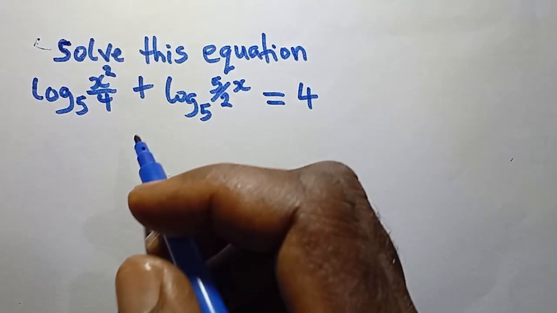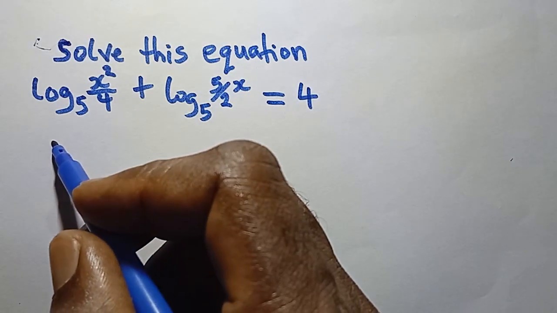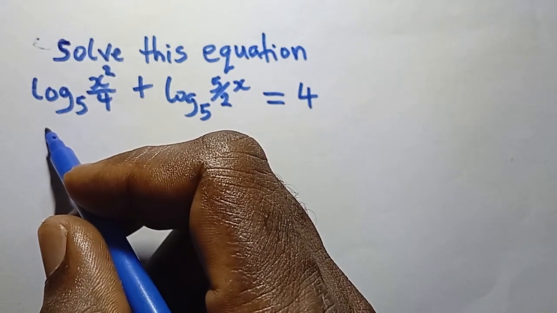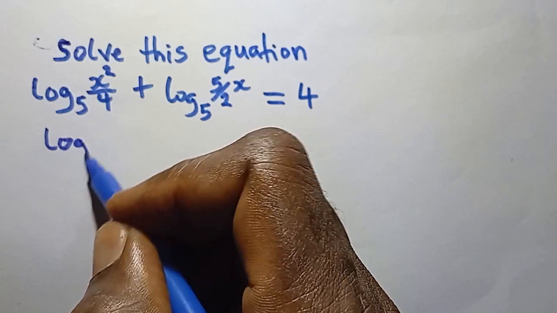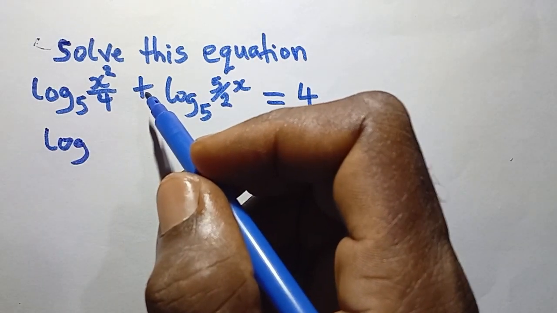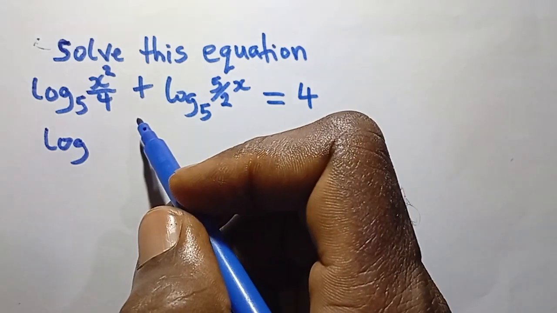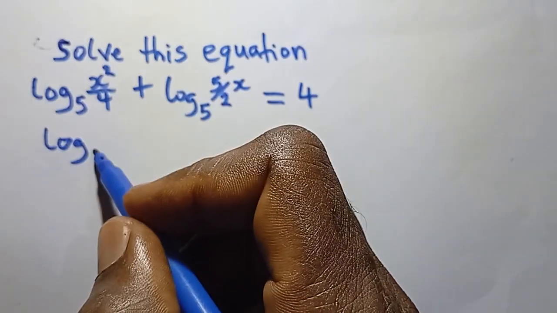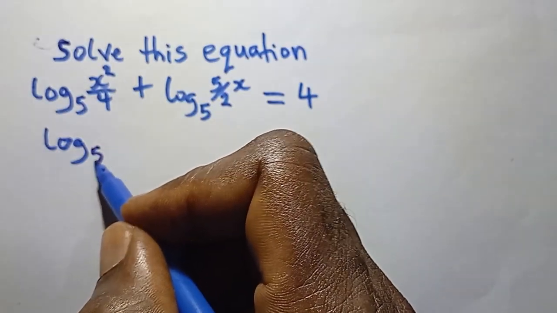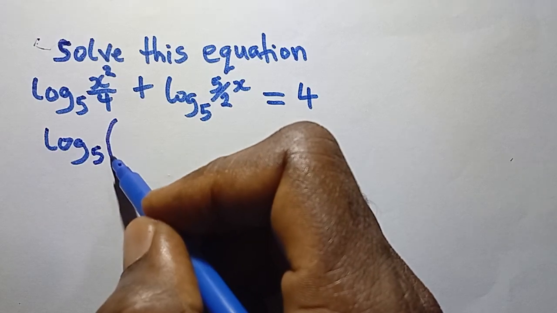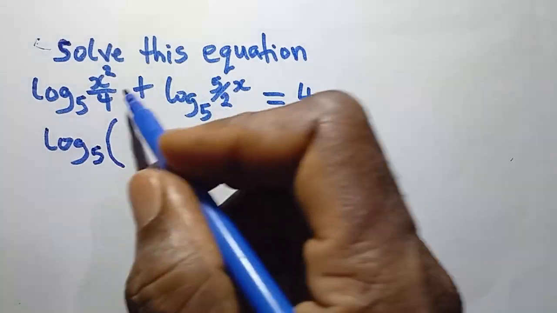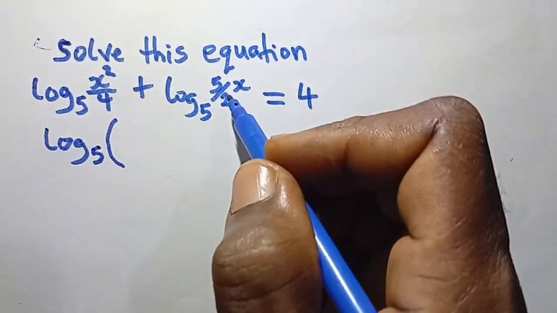Now, in order to solve this, we apply the law of logarithm that tells us that when we have addition, it is evaluated as multiplication. So addition is evaluated as multiplication. So we are simply going to write log to the base 5. We open up the brackets and we multiply the two terms here.